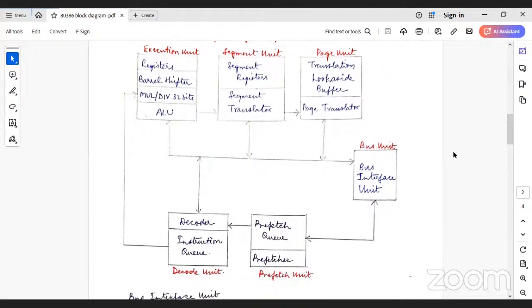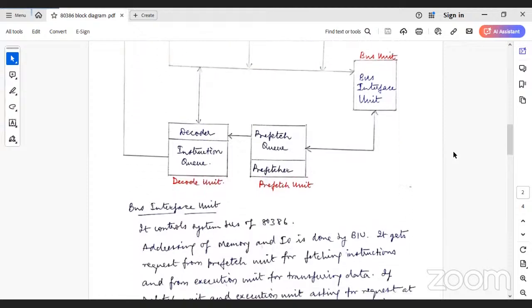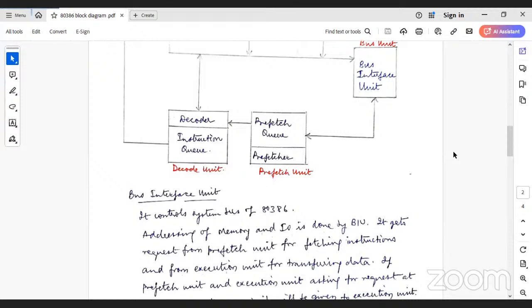One by one, each block you can see. The bus interface unit controls the system bus of 80386. System bus is a more appropriate word when you are talking about the system bus of any processor.